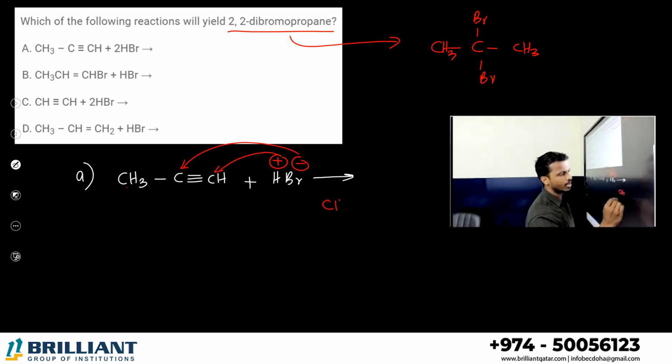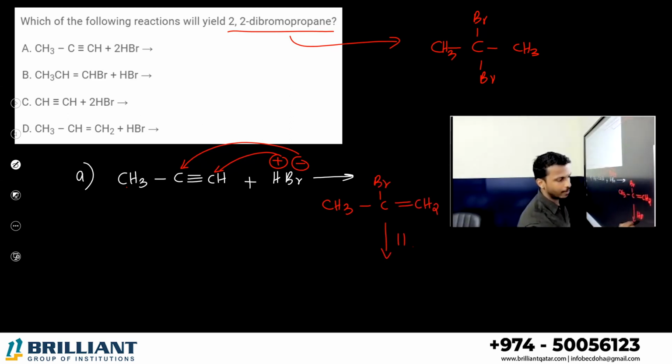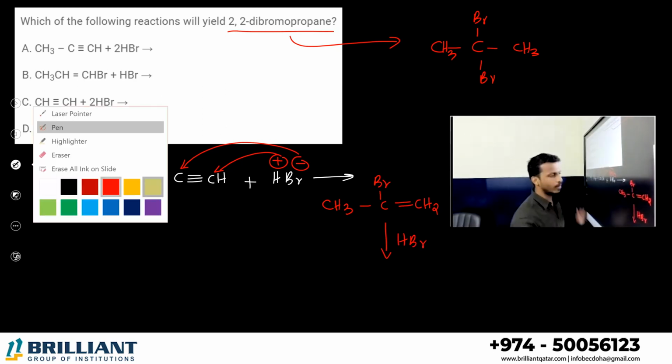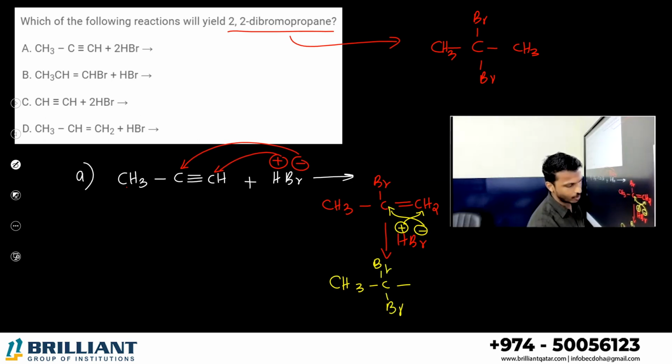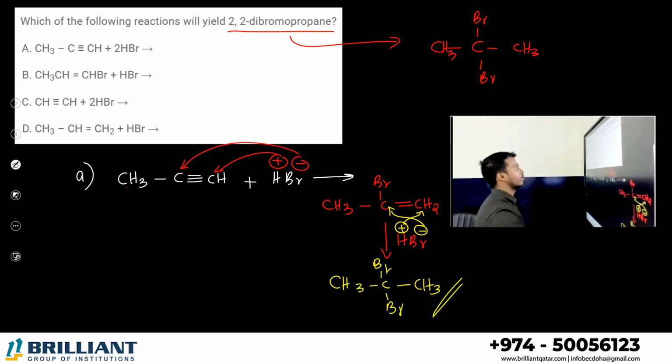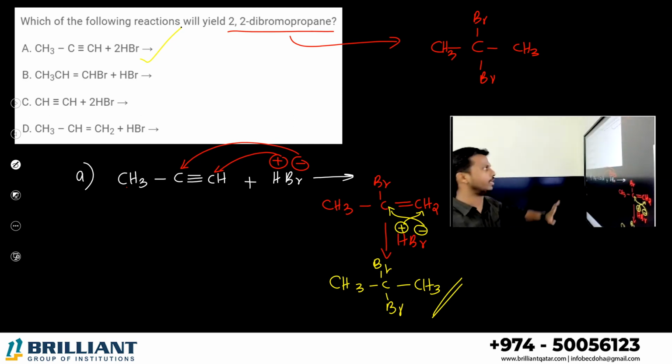You will get CH3CBr=CH2. Let me add HBr once again. H plus, Br minus; Br minus is added to the carbon with fewer hydrogens. This is our product. So from the first compound itself we are getting 2,2-dibromopropane. You can check the others also, you won't get it. The answer is option A.